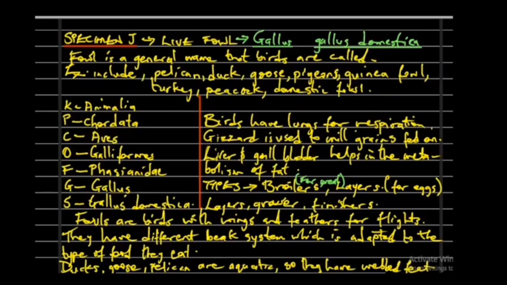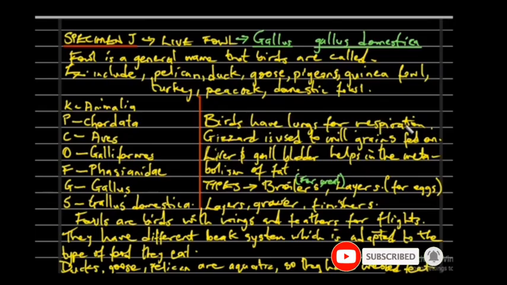Also, ducks, geese and pelicans are aquatic, and so they have webbed feet. They have webbed feet because they are usually found in waters, and that helps them to paddle and swim in water.